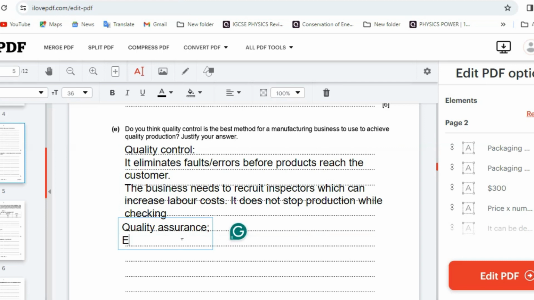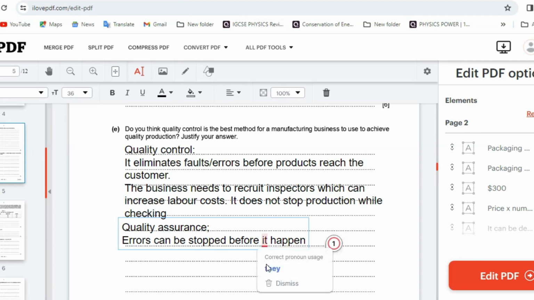Let's say errors can be stopped before they happen, because the product is checked throughout, so there is less time spent on rework.